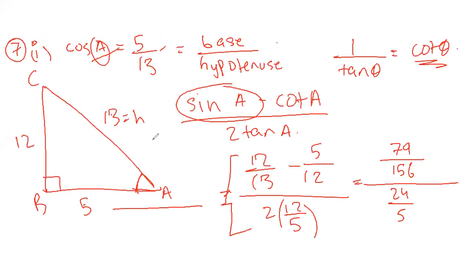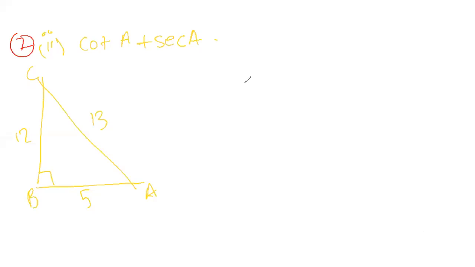All it is saying is that find cot A plus secant A. So all we do is look at the figure that we had drawn on our previous page and copy it down. Once we have drawn the figure, we have to find cot A first. So 1 upon tan theta, the reciprocal, as I have told in the first part, is cot theta. So 1 upon tan theta is cot theta.